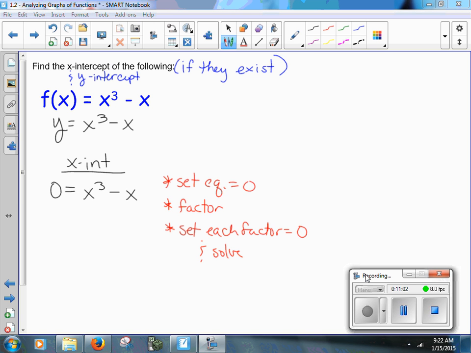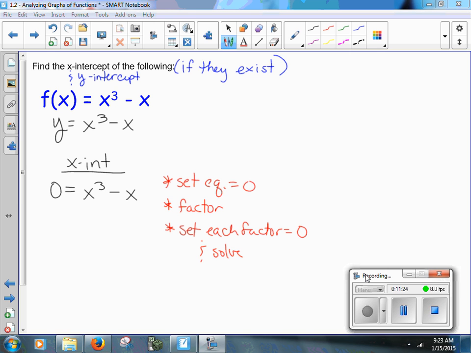Now, this is not a quadratic. It is a cubic equation. But I still have to factor it. What do you factor out of x cubed minus x? The GCF. The first thing you always try to factor out is your GCF. What is the GCF?